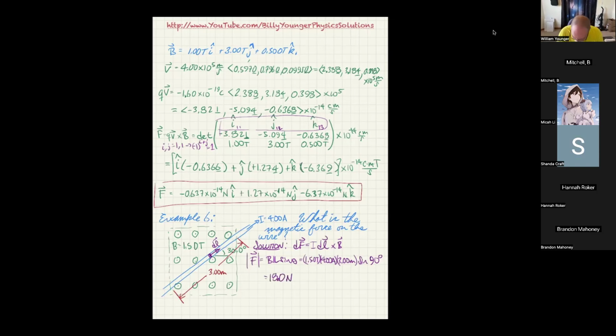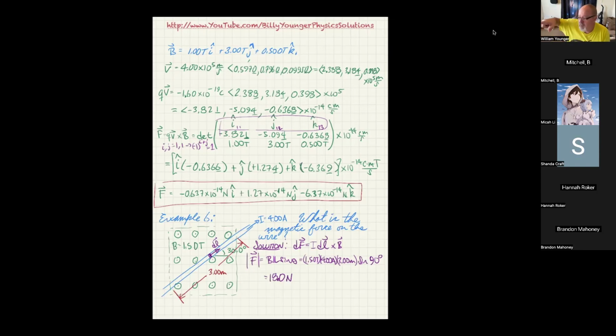Now the big thing. I have a question. Go for it. I just want to clarify, is it 90 because it's orthogonal, because we're doing a cross product? It's 90 because the dL is in the page, and so is I. So that's the vector that's relevant for the cross product. Remember, when you're doing a cross product, you put the two vectors tail to tail, and theta is the angle between them.